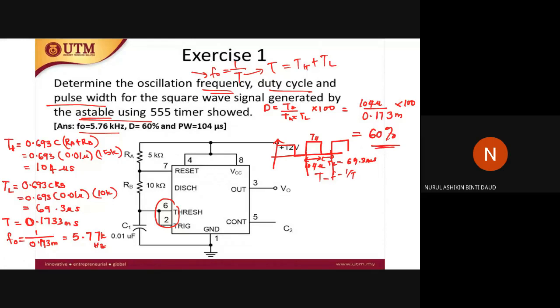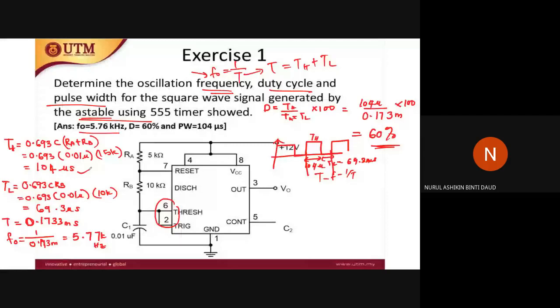Okay, it's very hard to get the duty cycle below 50%. Because of what? Because of the value. If you look here, the value of TH is always larger compared to the value of TL. Why?